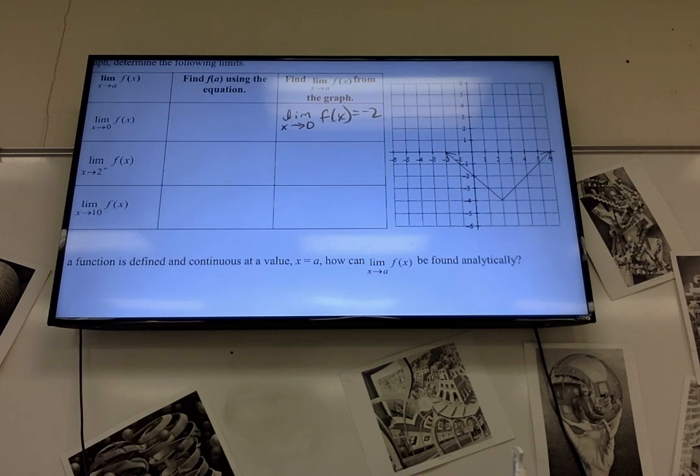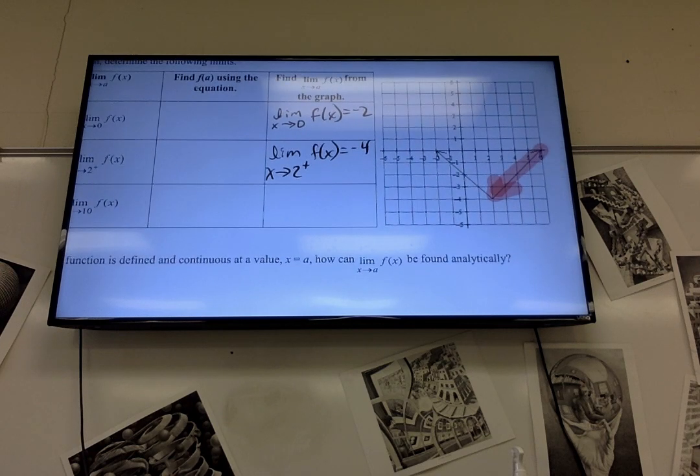Okay, the next one. Limit as x approaches 2 from the right-hand side. -4 is right. As I approach it from this way, notice the y is -4. And then, this one we don't have a picture for.